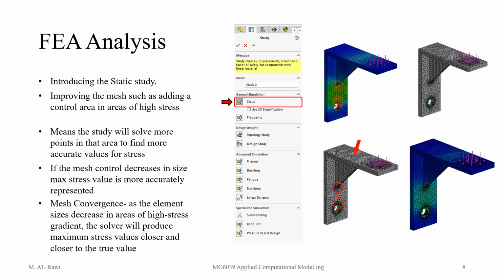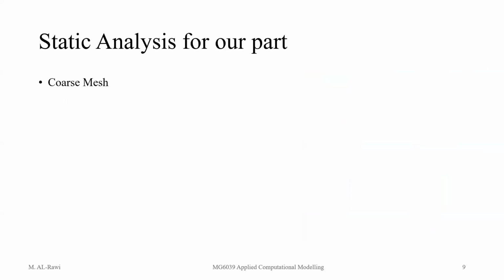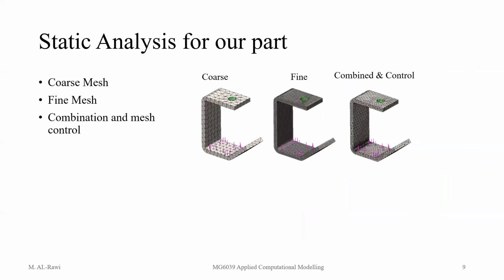So mesh is very important. Technically, you're telling the software to solve many small problems and find the stress concentration and distribution along the geometry. We have two different types of meshes set up by the software: coarse mesh and fine mesh. And we will also learn how to combine them using mesh control.